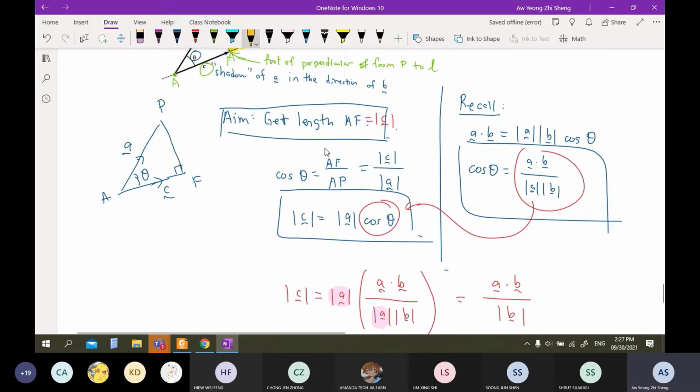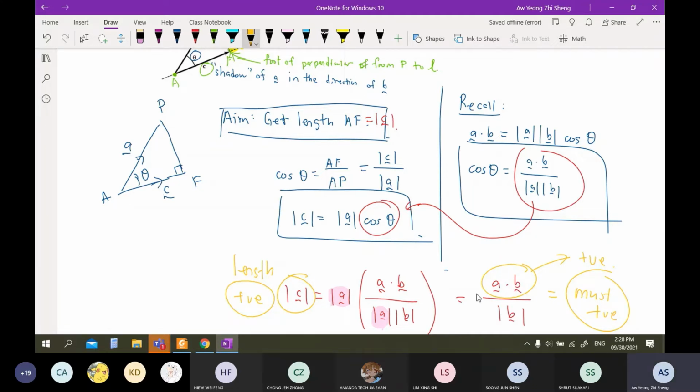When theta is acute, your A dot B is guaranteed to be positive, right? So it doesn't matter even if you don't put modulus over here, you still get a positive answer, which makes sense. And because this is a length, length must be positive. And so whatever answer that you get at the end, it must be positive. Right? However, just now I said we want the same formula to be applicable even for the case when theta is obtuse. But the problem about theta being obtuse is that when theta is obtuse, the dot product becomes negative.